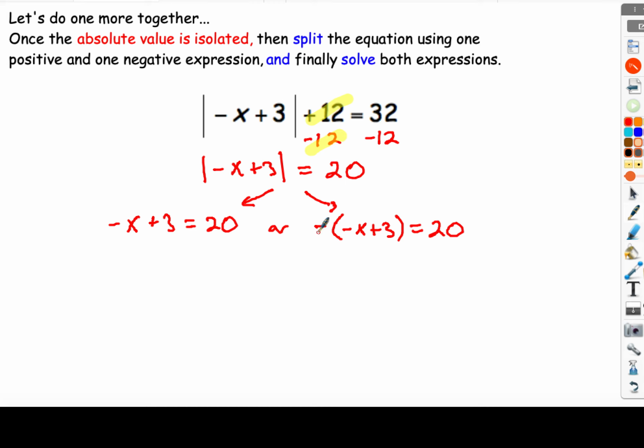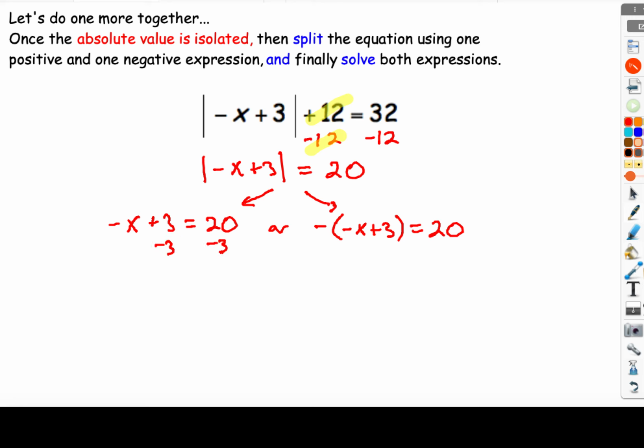I'm just tacking a negative in front of the absolute value, so that if this number came out to a negative value, I would take another negative and end up at positive 20. It's forcing this interior part to be negative so that we can force it right back to being positive.